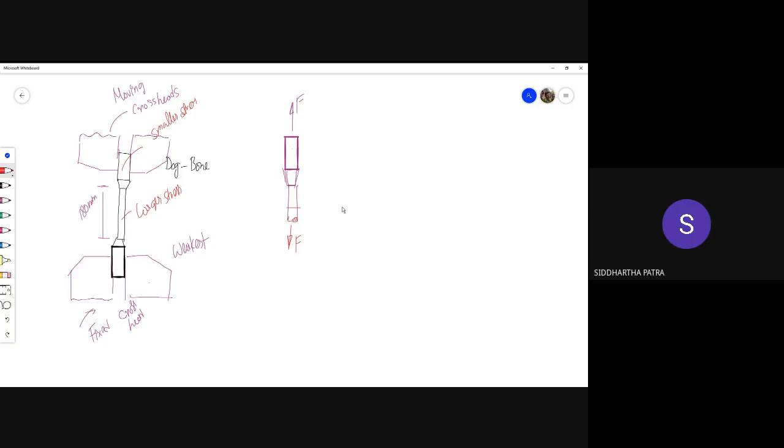Because of that, in this taper region, there is a transition happening from that lower stress value to higher stress value.